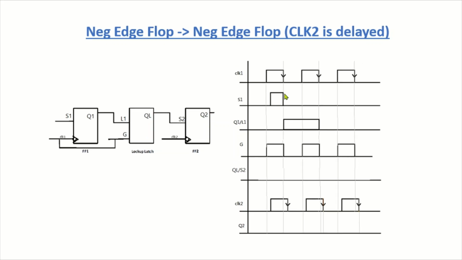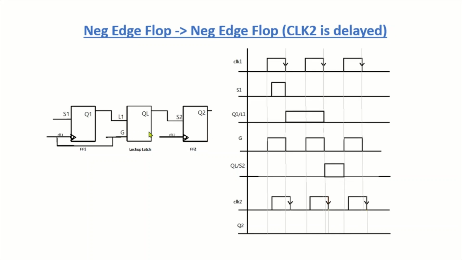Here you can see the data is propagating from S1 to Q1 in this manner, and the data reaches L1 as input, and it encounters the lockup latch.